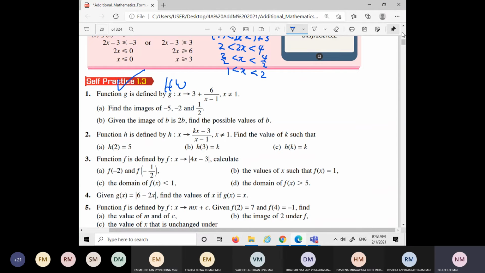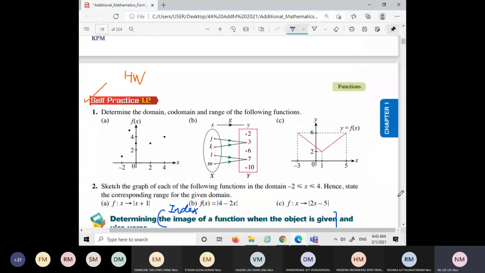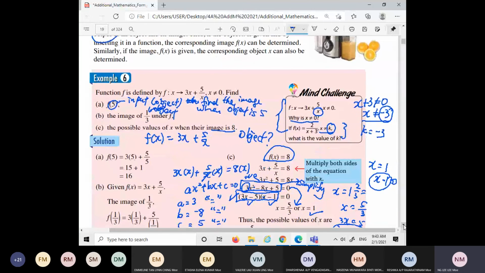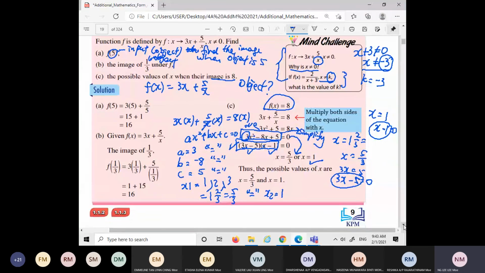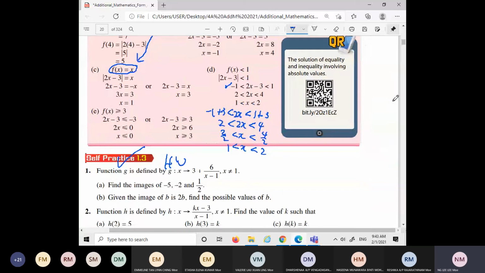Let me know which page I need to send the image to you. Today we have this. Do you need this? And we have this. Do you need this? These two pages.